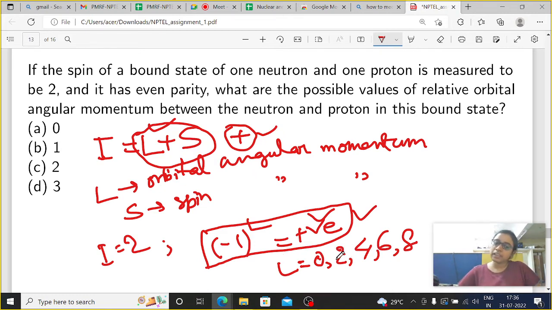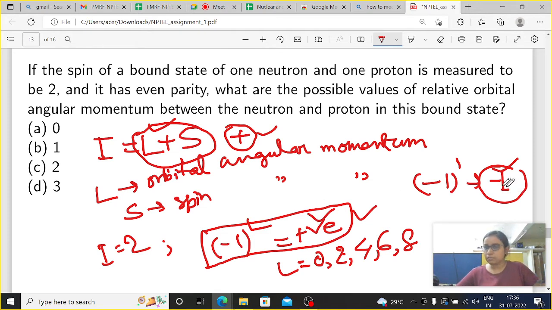It should not be 1, 3, 5, because if minus 1 to the power 1 is there, it will be minus 1, which is not a positive number, so that is not an even parity. So as our question says it is an even parity, L will have the value 0, 2, 4, 6, 8, something like that.